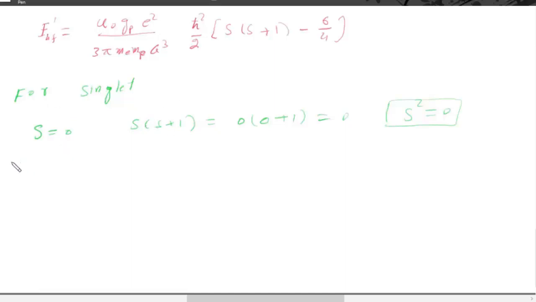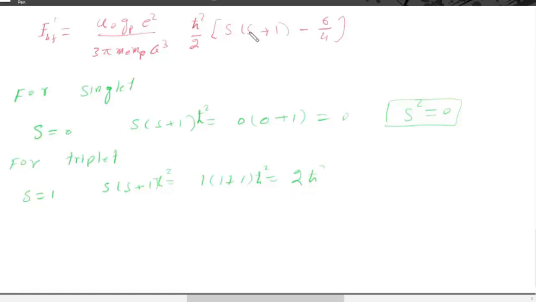And now for the triplet states, the total spin is 1, the s is equal to 1. Then s(s+1) is equal to 1 times 1 plus 1, which is equal to 2, and ħ² also, here we write ħ² and 2ħ².